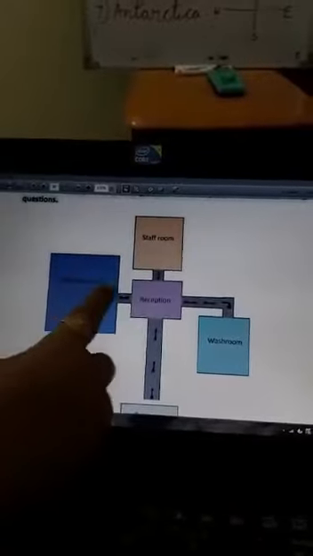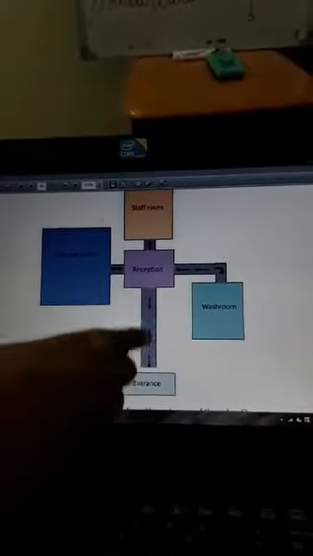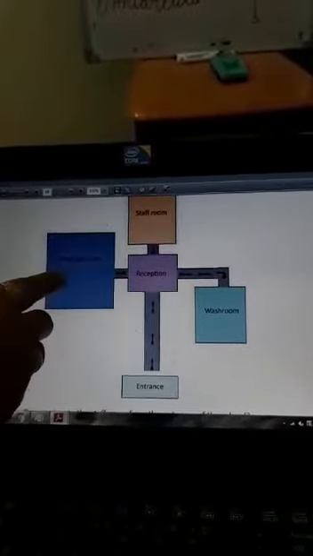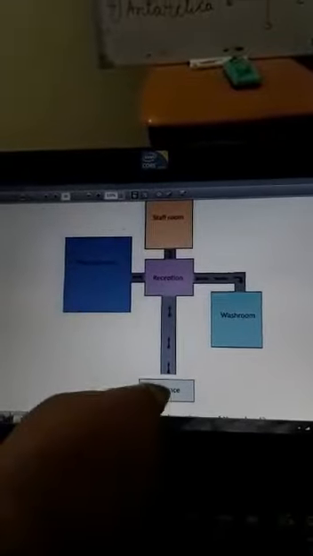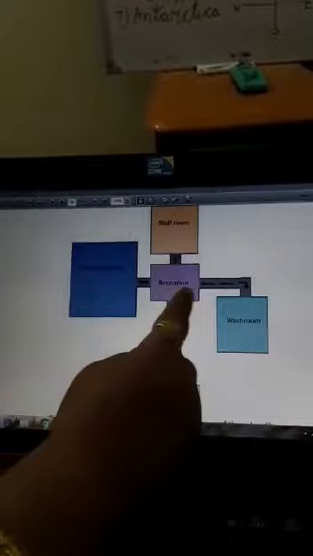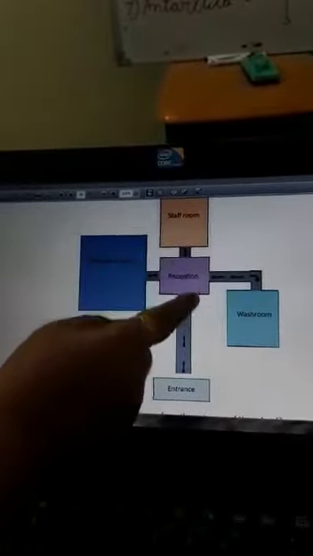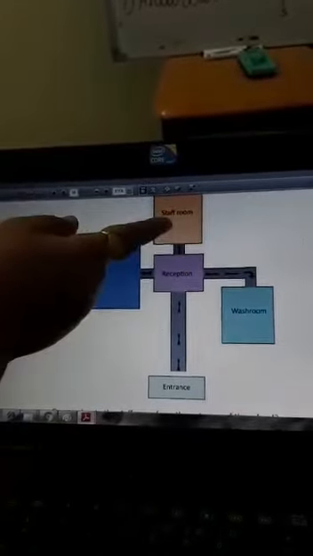Staff room is there, principal room is there, reception is there, washroom is there, and then we have the entrance. Okay, here is the entrance, then reception is there, then the principal's room is there. If we are going from this side, on the left side the principal room is there, and on the right side the washroom is there, and in front the staff room is there. Reception and staff room are in the front.